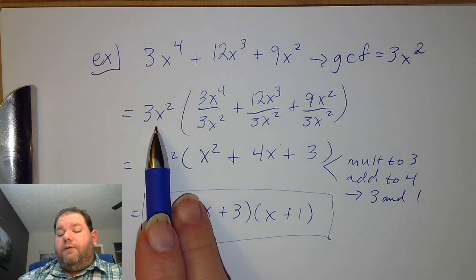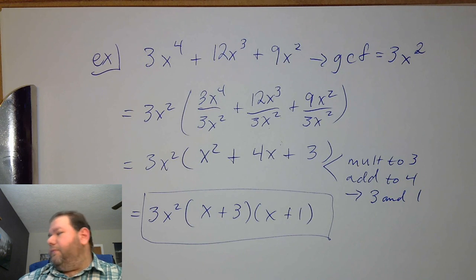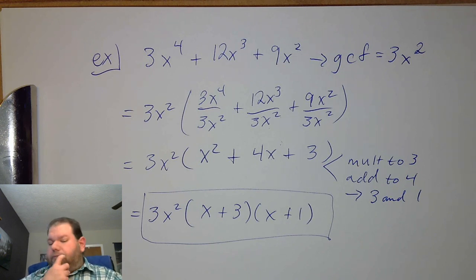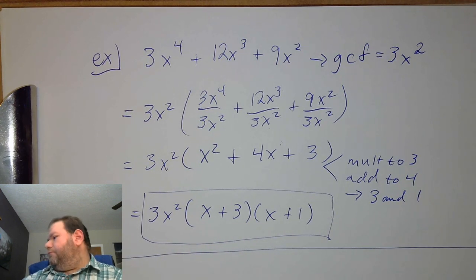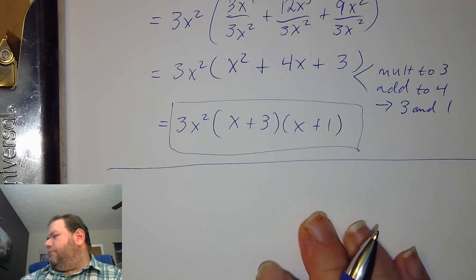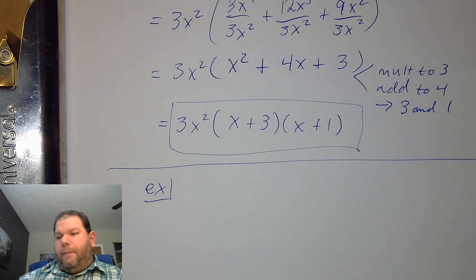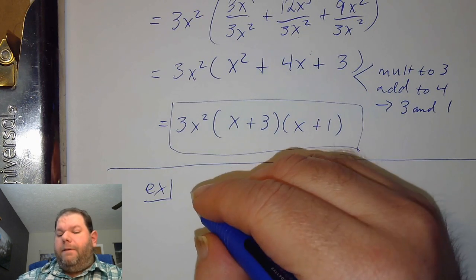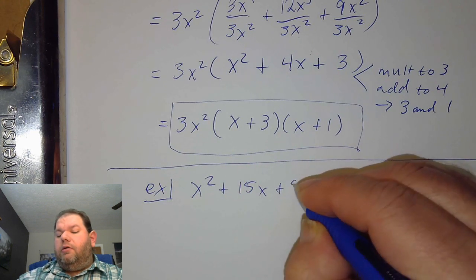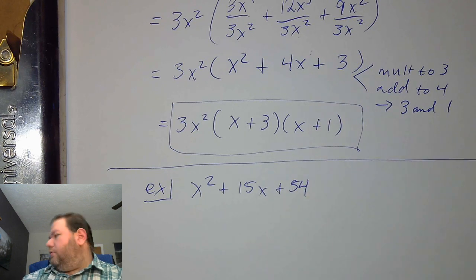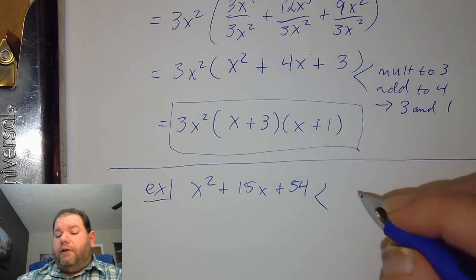We do the common factor first, and then we look at whatever's left over and then factor that again. Okay, we'll do one more of these before we start introducing negative signs.